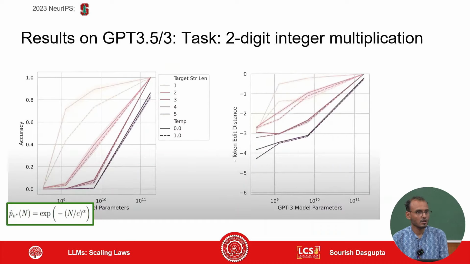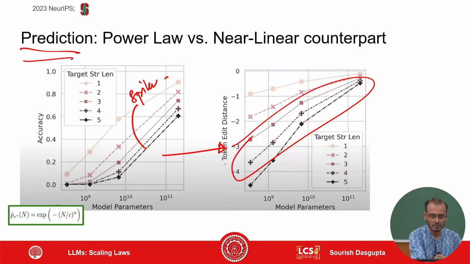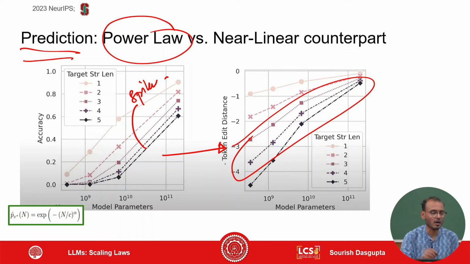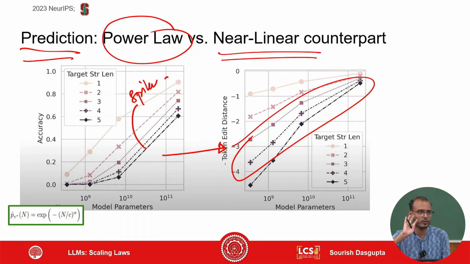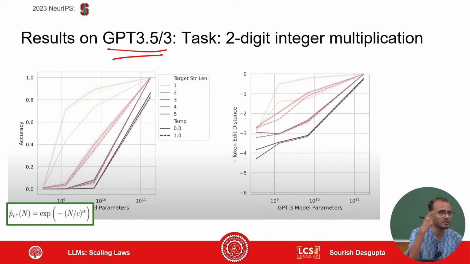Okay? They say that no, it's not a power law. That was their point. The point is that you don't need a power law to explain it. You can actually do very well with a near linear counterpart. And then they started experimenting to see whether it really happens in some of the latest models like GPT 3.5 and so on.